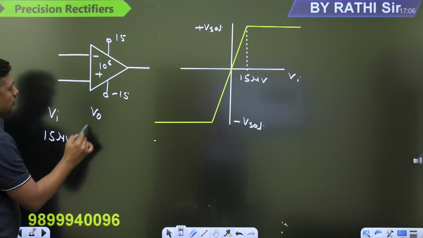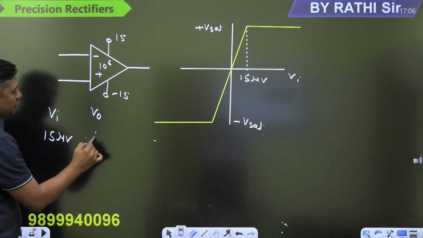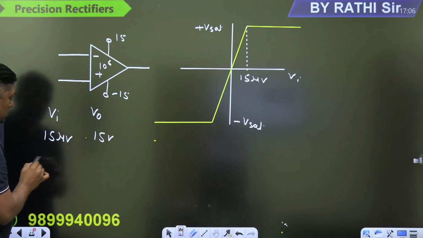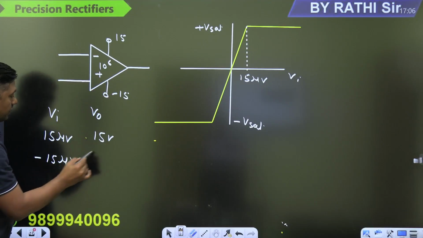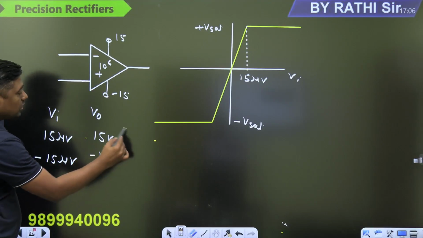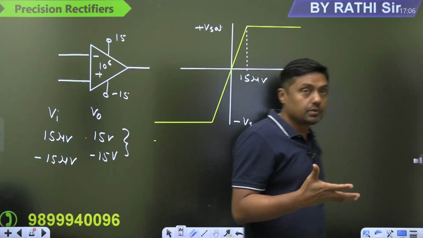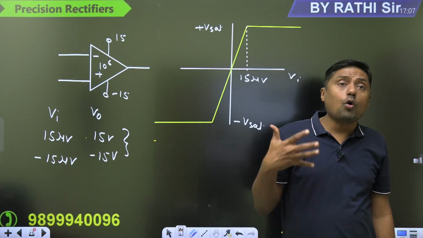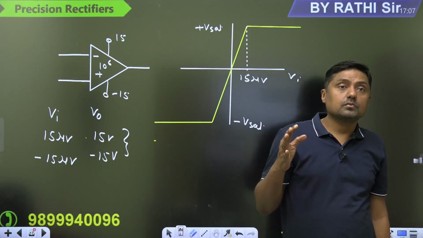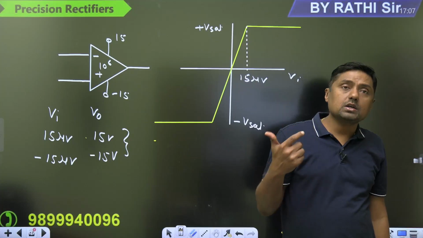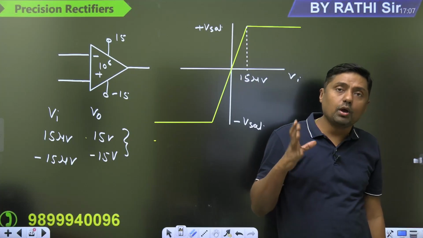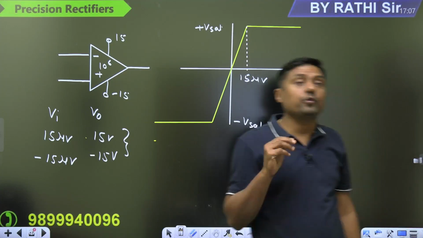With 15 microvolt as the input, what will be the output? 10 to the power 6 times that, giving 15 volt. If it is minus 15 microvolt, then it becomes minus 15 volt. Simply, the operational amplifier will enter saturation. If you want to avoid the saturation, you have to apply negative feedback.